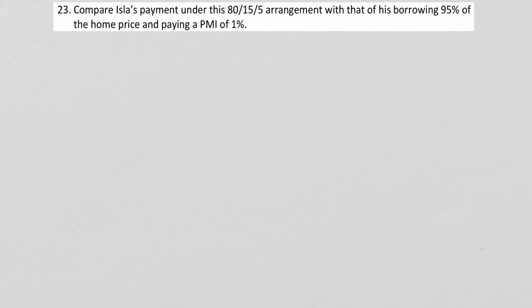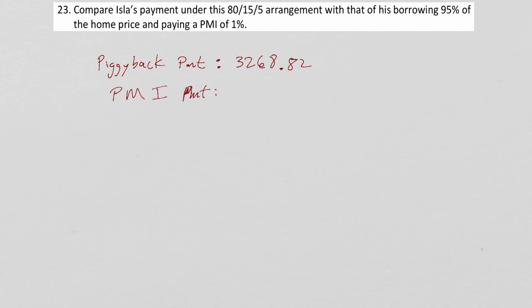All right, here we're going to compare the two methods. In number 17 of this worksheet, we calculated the total PMI payment. Let's do the piggyback loan. The piggyback loan was the previous problem, and the total piggyback payment method came out to $3,268.82. And then the PMI method, this was number 17.